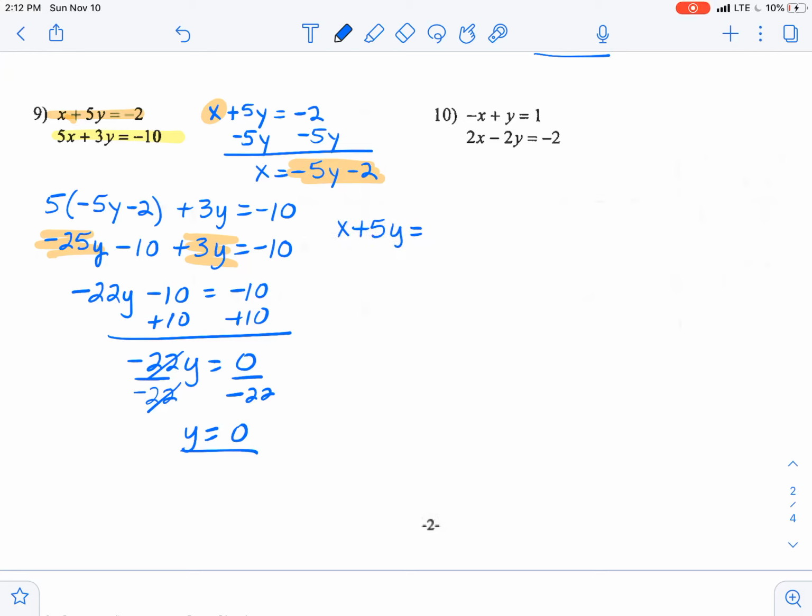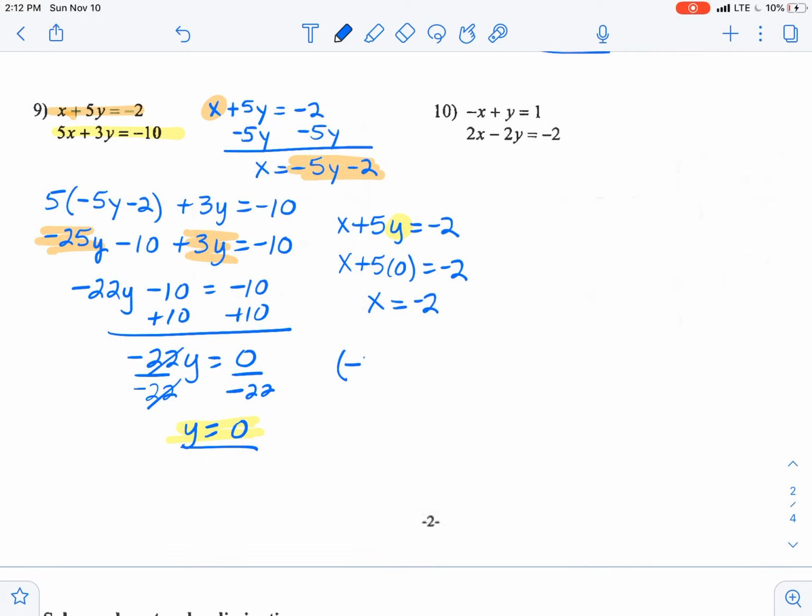So this is my equation I'm choosing. I'm going to put the y equals 0 in for the y. Okay, so 5 times 0 is just 0, so I get x is a negative 2. So again, my final answer is the x and then the y.